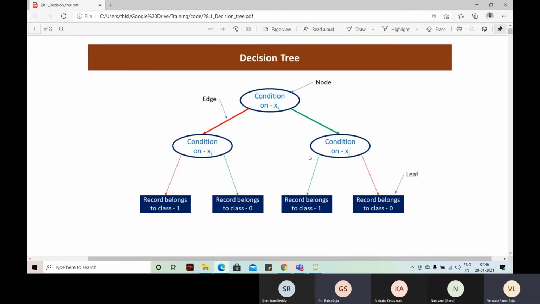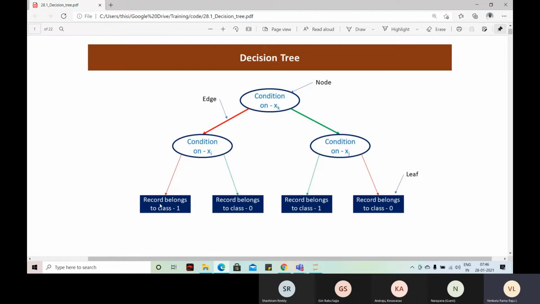So you should remember this. We have a train set, 1000 or 1 million records. By looking at the train set, we understand the conditions: on which column we should split the data first, then on which column, then on which column. By the time we do n conditions, we get leaf nodes, each belonging to a single class.